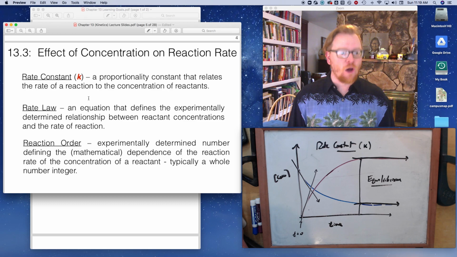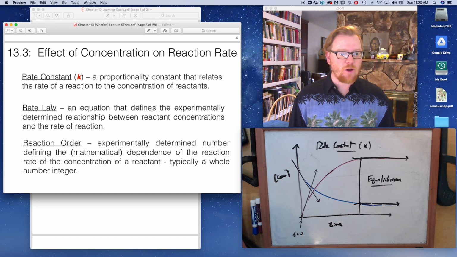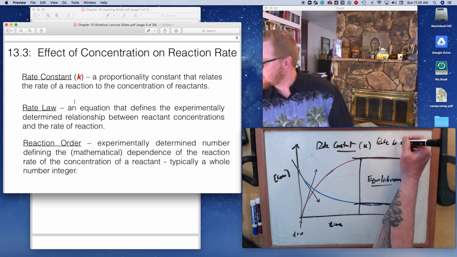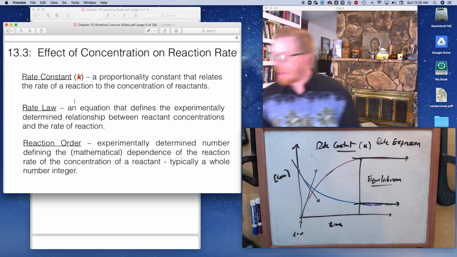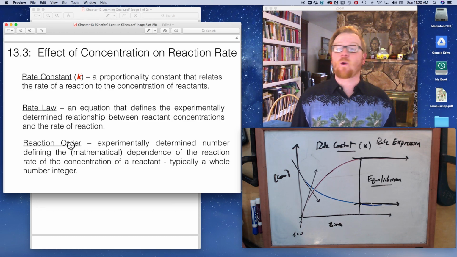There's the rate law, and that's an equation that defines the experimentally determined relationship between reactant concentrations and the rate of a reaction. Sometimes we also call the rate law the rate expression. Okay. And then finally, in the rate expression are reaction orders.